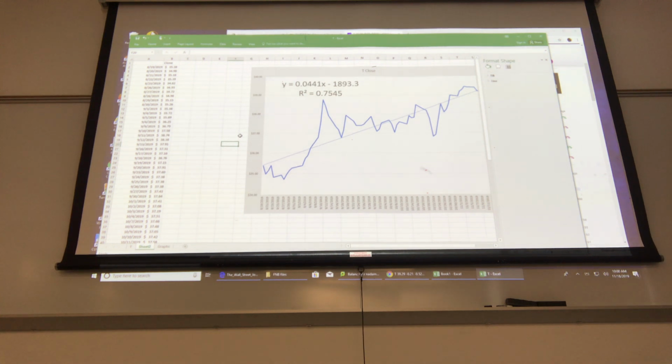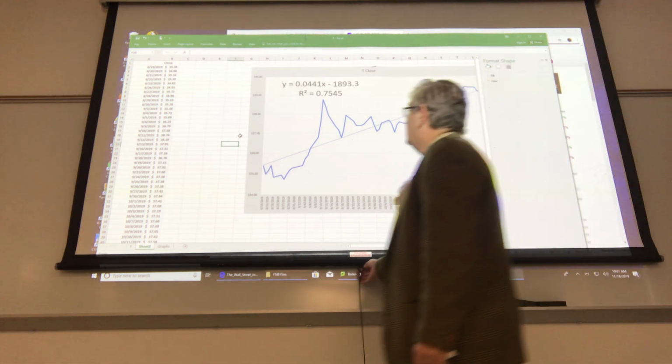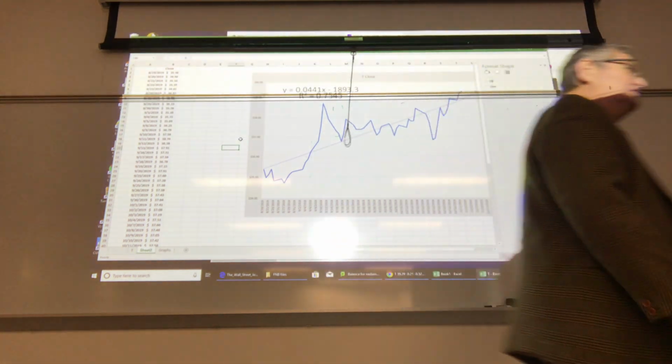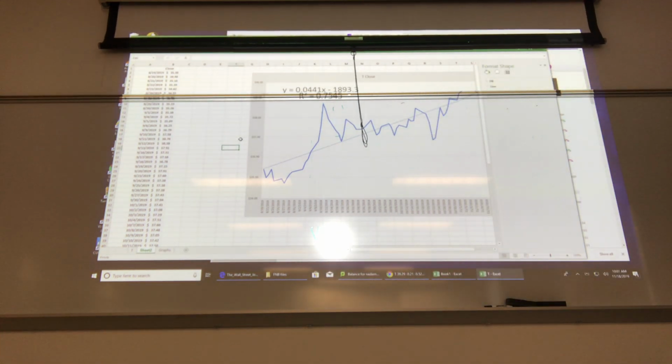That's not the most important. The most important is the slope. And the slope of the line says it is 0.04. At that particular case, I would like to know what this means, and I want to write on that.